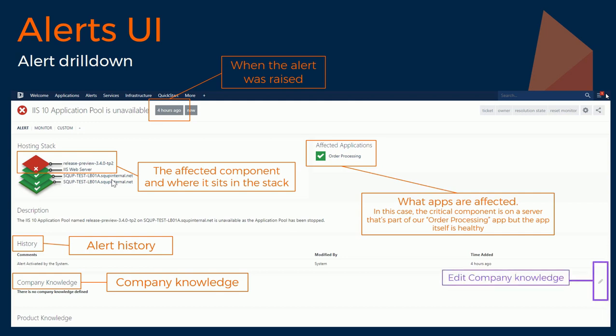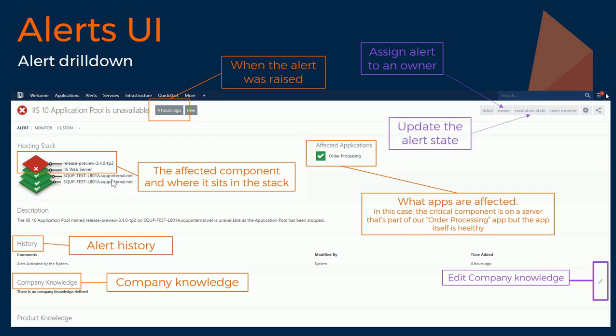So over here on the right, we've got the ability to edit company knowledge. So you can easily put in your own company or application specific knowledge there. And then up in the top right-hand corner, we've got some buttons. So we can assign the alert to a specific owner. We can update the alert state, and we can reset the monitor that's raised the alert.